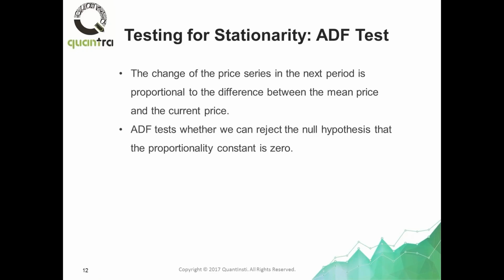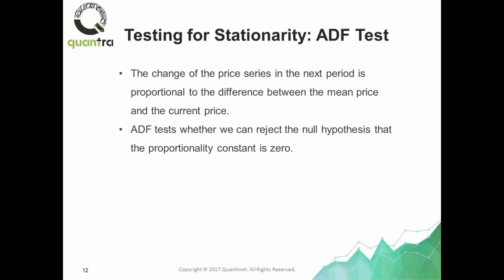So it will revert to the mean only if there is a proportionality constant that is different from zero and is particularly negative. So the statistical test actually capitalizes on this observation. It is testing the regression coefficient between the next period price change and the current difference between the mean and the price.